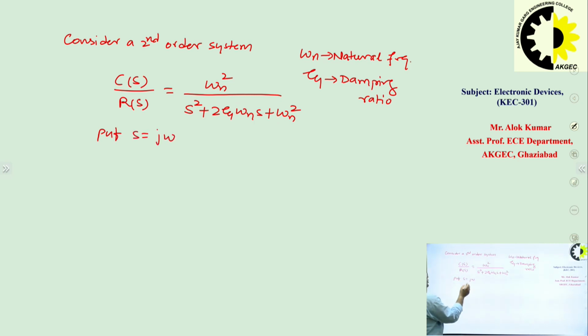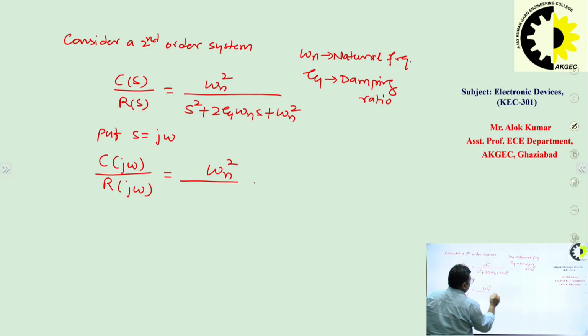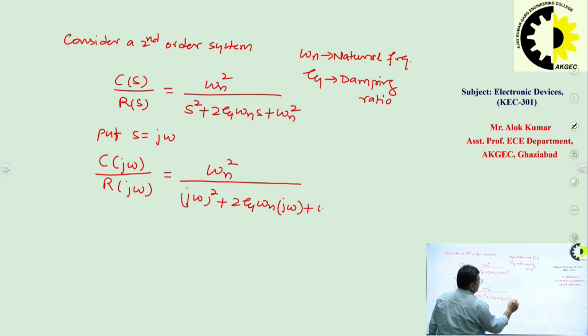If I put s is equal to j omega, then C of j omega divided by R of j omega is equal to omega n square divided by (j omega) square plus 2 zeta omega n into j omega plus omega n square, right?